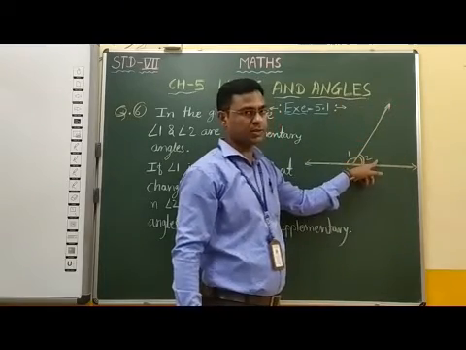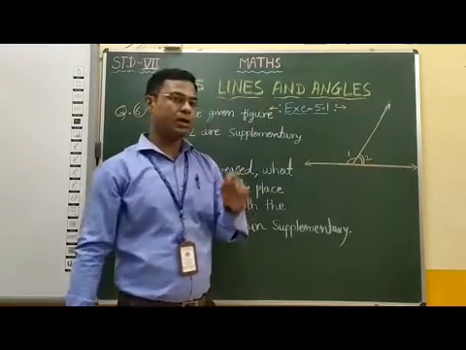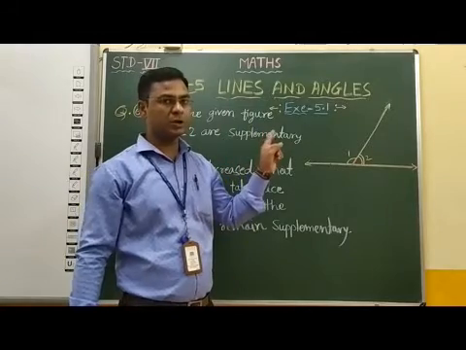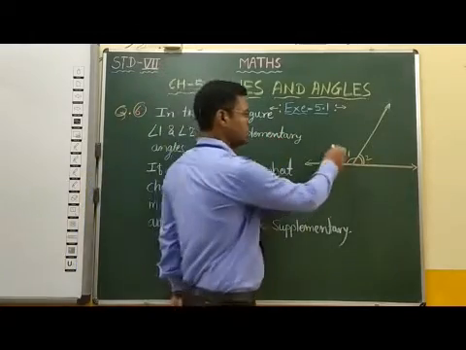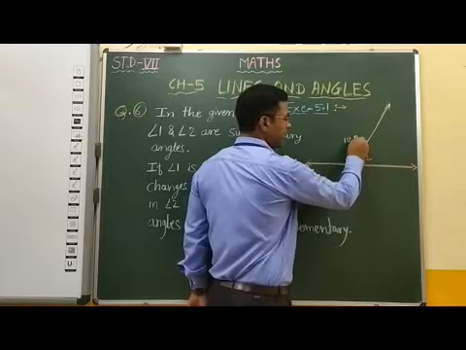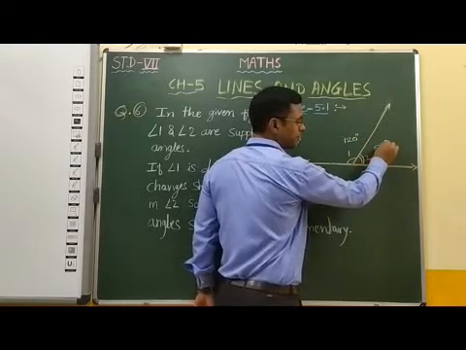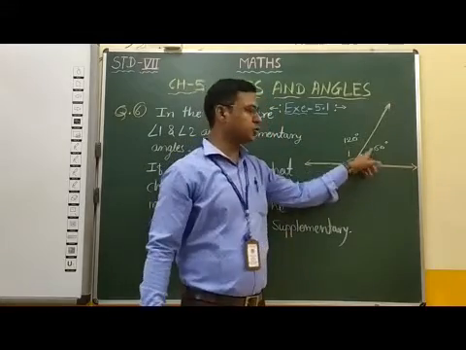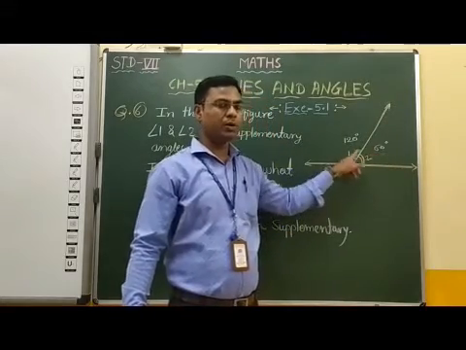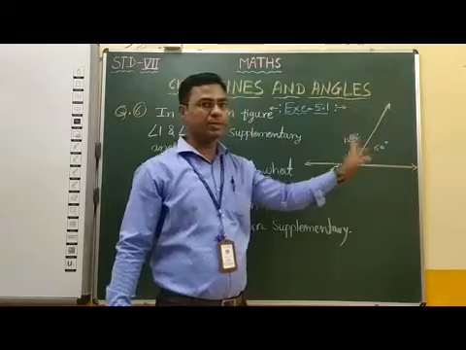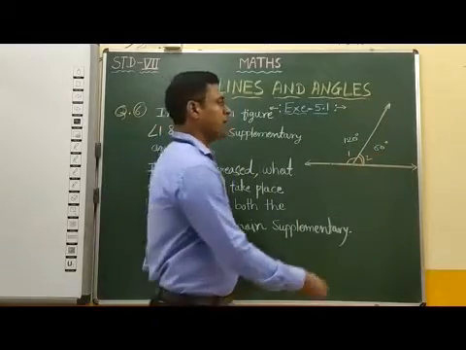is increased. If you take measures of these two angles, suppose angle 1 is 120 degree and angle 2 is 60 degree. Then the addition of these two angles is 180. Therefore, these two angles are supplementary angles.